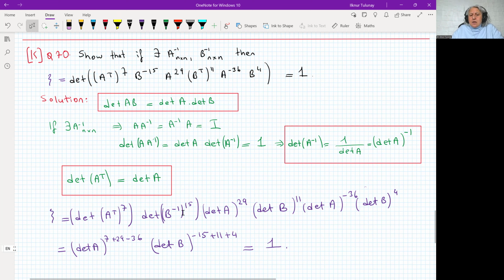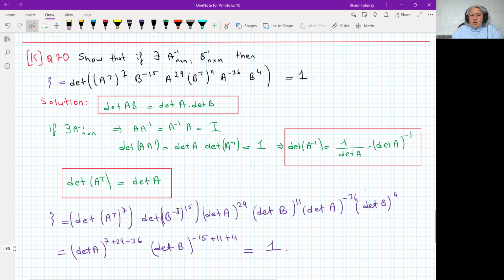And similarly here, for the determinant of B inverse, I can do it another way. I will take that inverse outside the bracket of the determinant. So the determinant of B inverse to the power 15 will be determinant of B to the power minus 15.